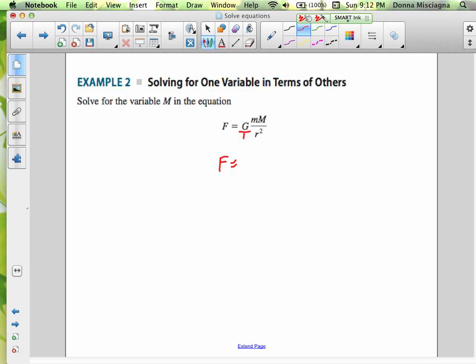Anytime you have a value, it could be rewritten as a fraction, in this case G over 1. So we could rewrite this as capital G times lowercase m times uppercase M, all divided by r squared. So now we want the capital M isolated.